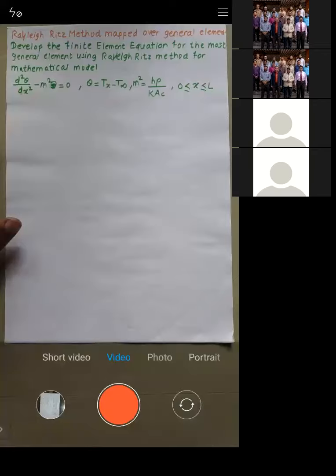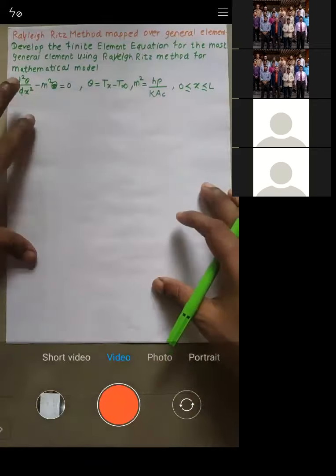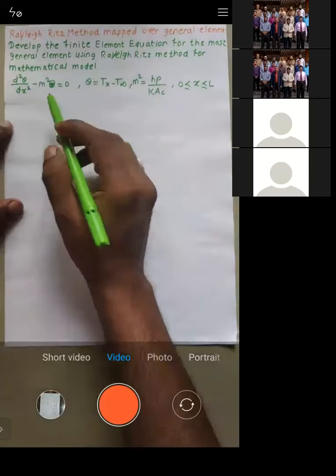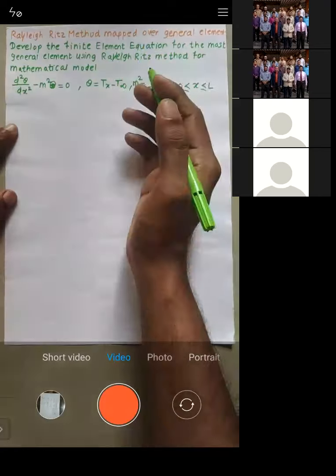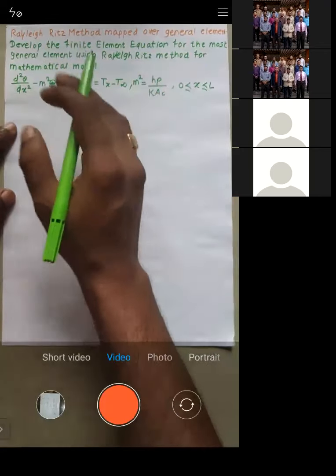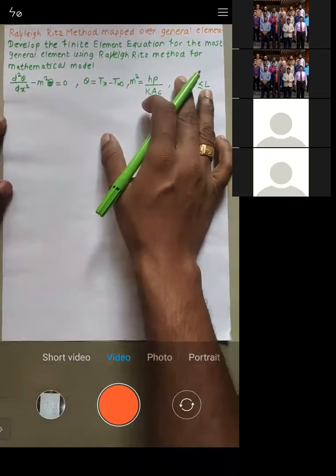I will not go into the detail of that. We are interested to solve this equation, which is going to predict heat transfer through a fin.